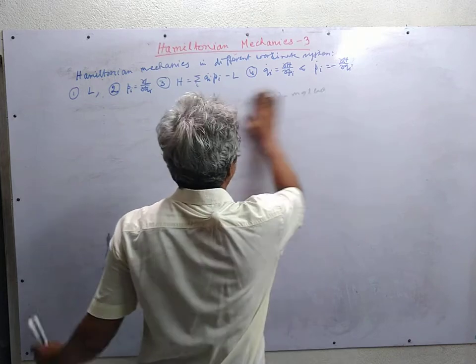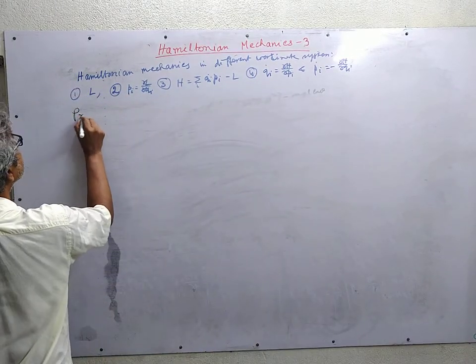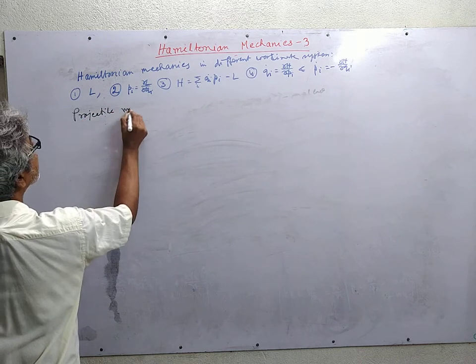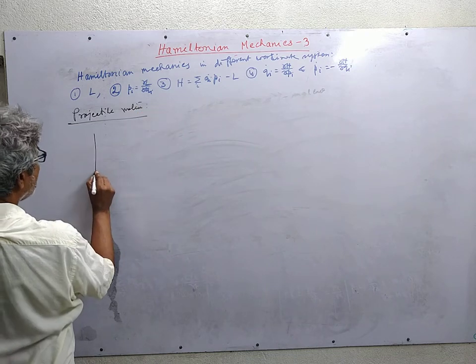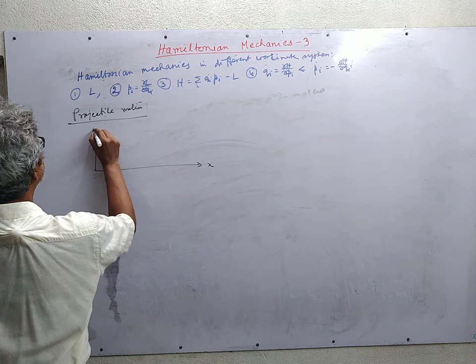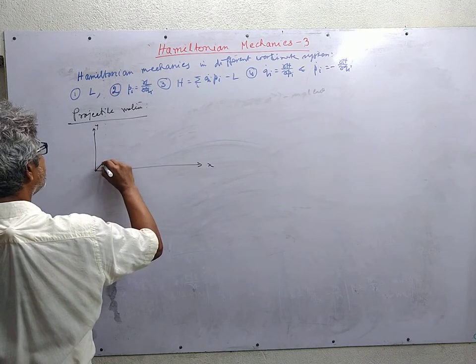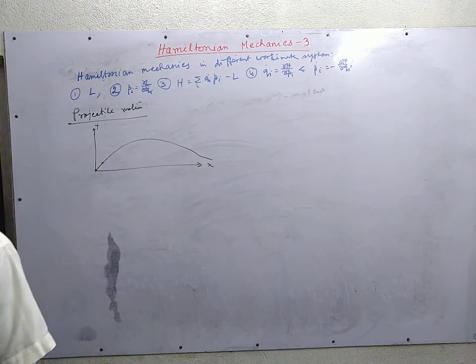We consider the projectile motion. This is the horizontal x-axis and this is the vertical y-axis. A particle is being projected in this direction, and we know that the trajectory is a parabola.